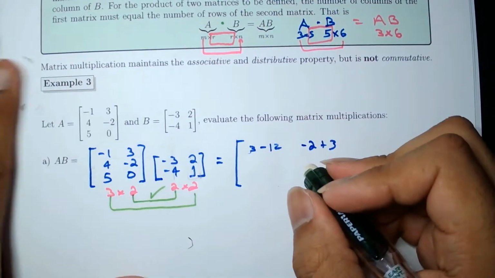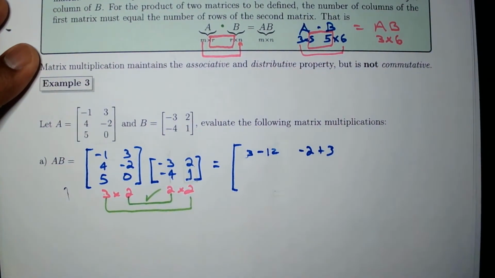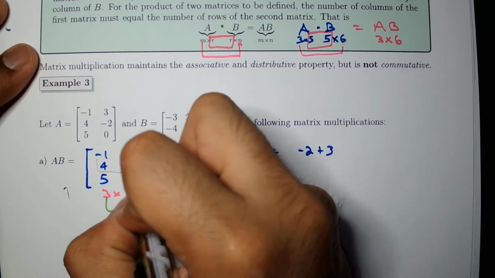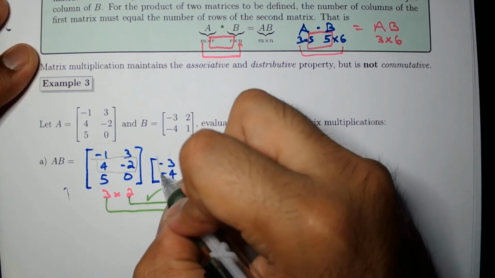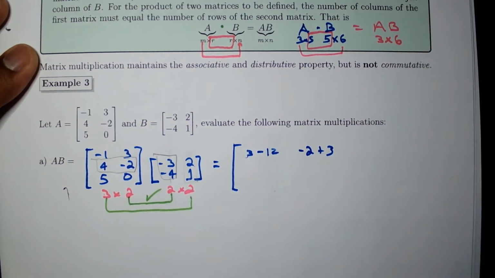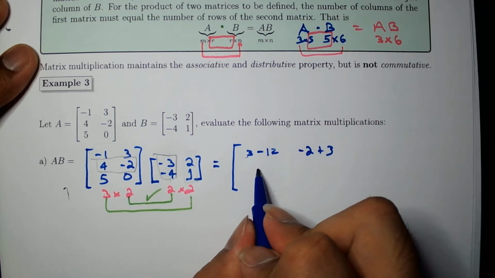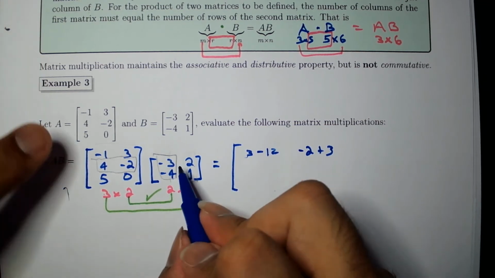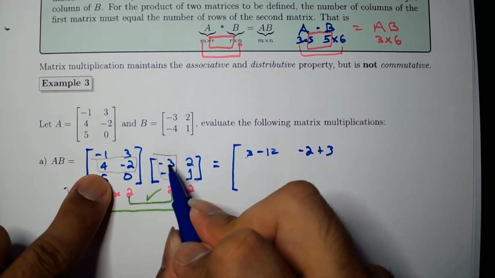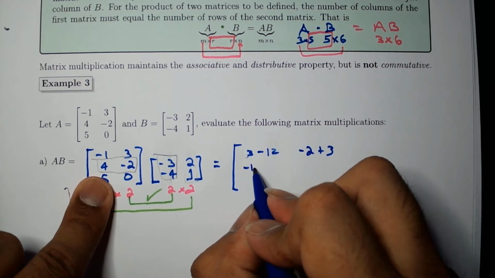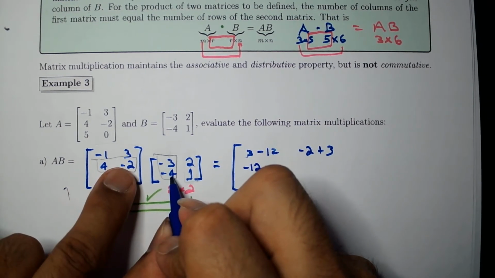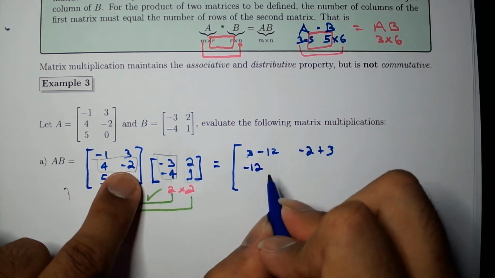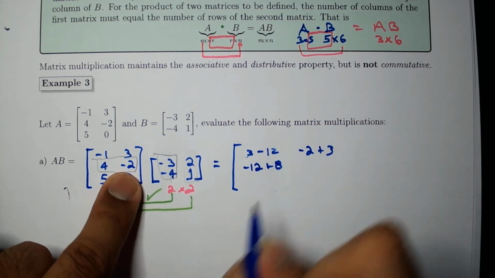And now what we are going to do is to multiply the second row with each column to obtain the 2, 1 element and the 2, 2 element. So I'm going to multiply 4 times -3, which is -12, plus negative 2 times negative 4, that's going to be positive 8.